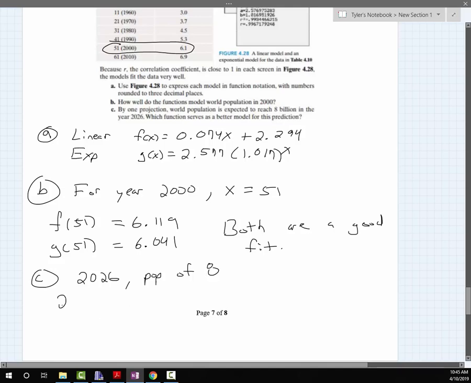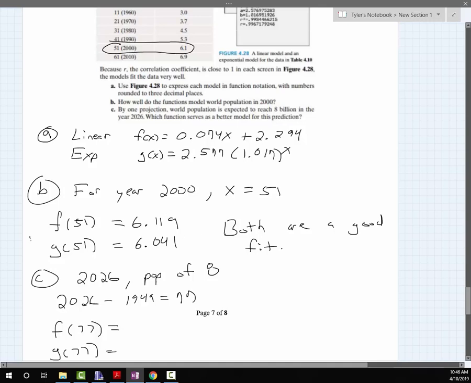If we take 2026 minus 1949, we get 77. So what we need to do is find what's f of 77 and what's g of 77, and see if one or both of these are going to be close to 8.